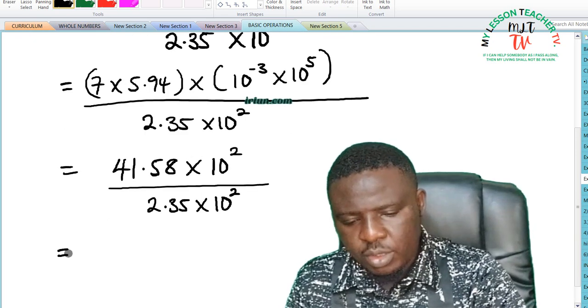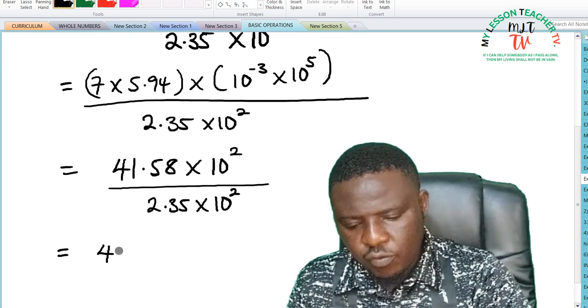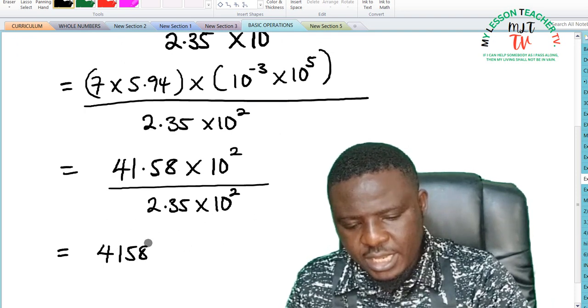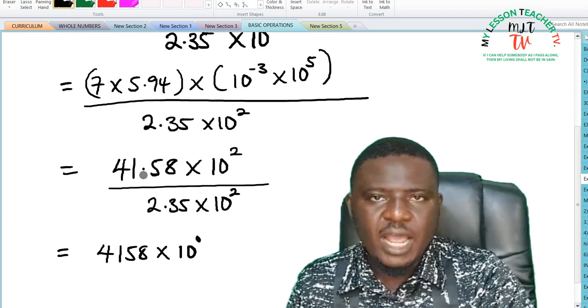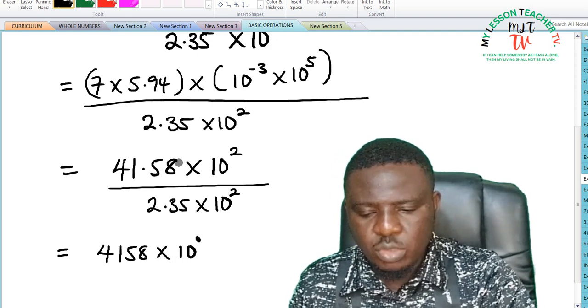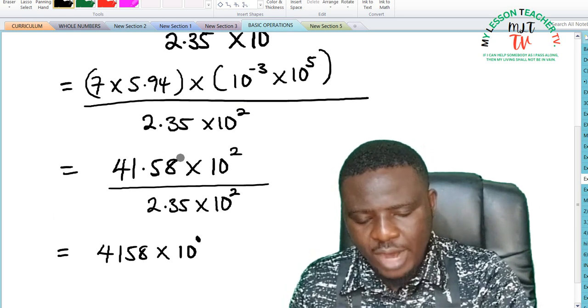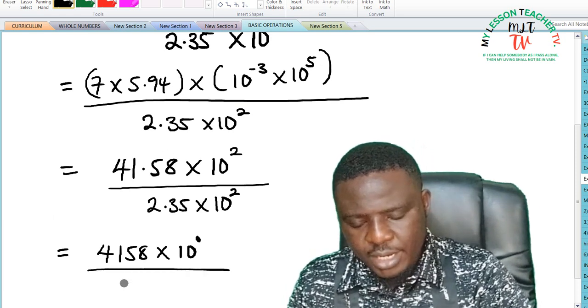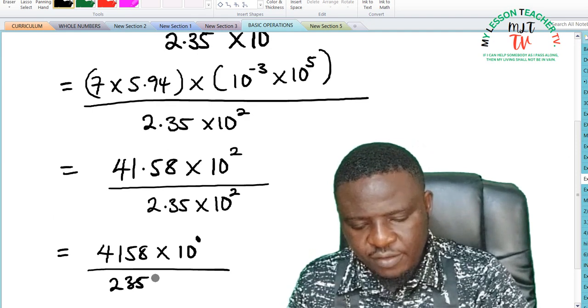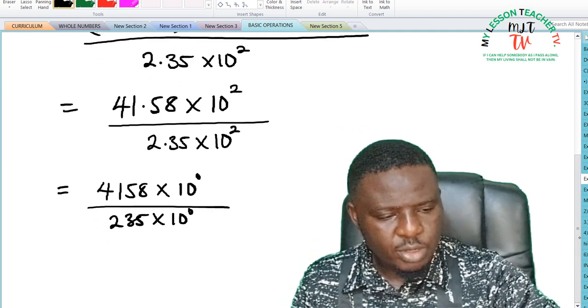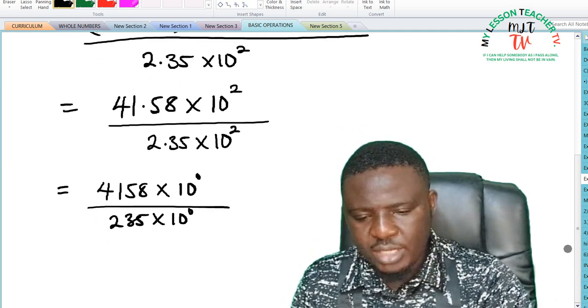Simplifying this further, you then have 4,158 times 10 raised to the power of 0, because I have moved the decimal point 2 times to my right, all divided by 235 times 10 raised to the power of 0, also because I have moved the decimal point twice to my right.